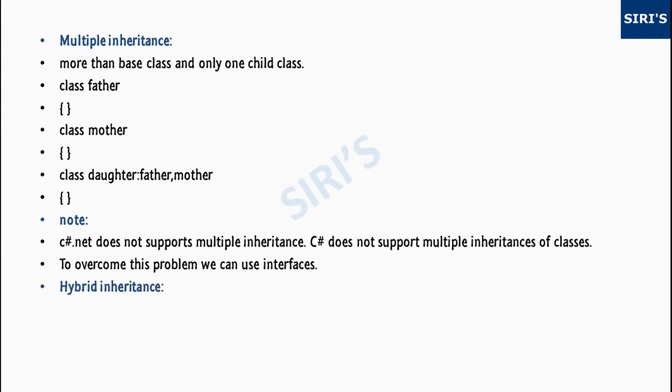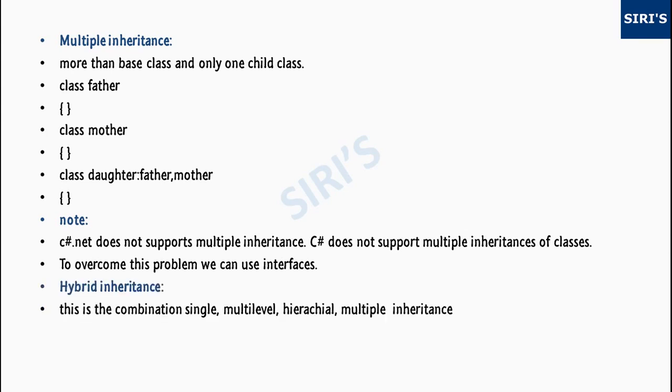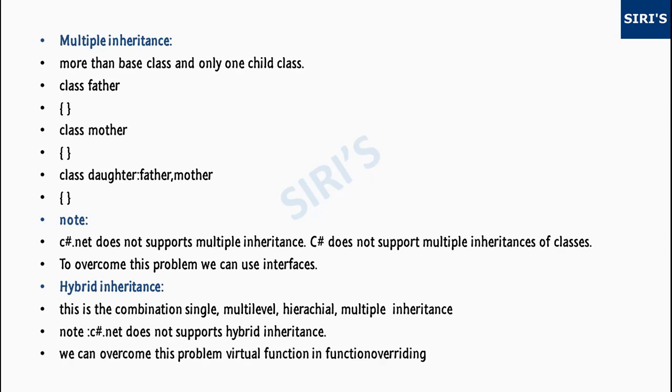To overcome this problem, we use interfaces. Hybrid inheritance is a combination of single, multi-level, hierarchical, and multiple inheritance. Note: C# does not support hybrid inheritance as well. We can overcome this problem with virtual functions and function overriding.